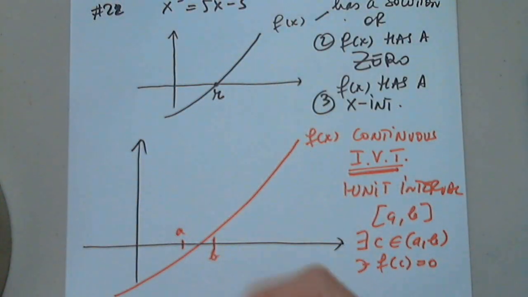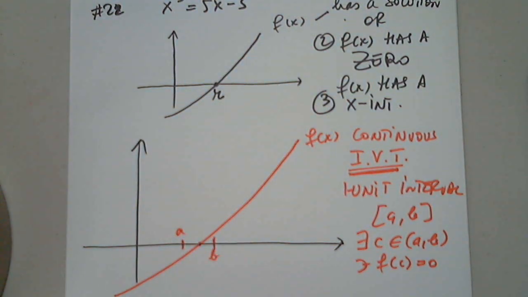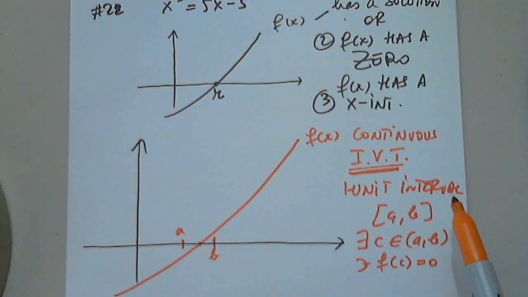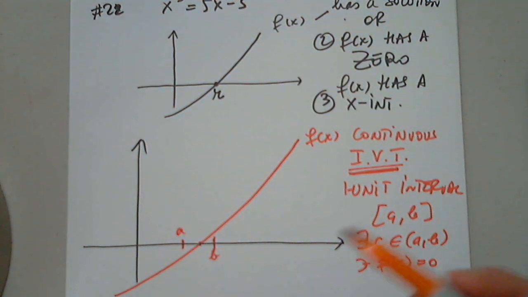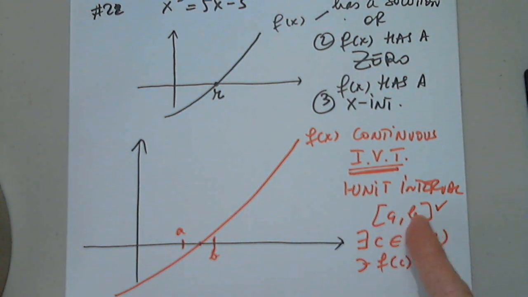Now, Newton's method will help us determine the solution. But first, we have to start with the IVT. We have to start by saying the function is continuous, if it is, and what is the interval? We have to put it in the graphing calculator and determine a 1-unit interval. And then we will say by IVT there is a solution. So I can start the method.